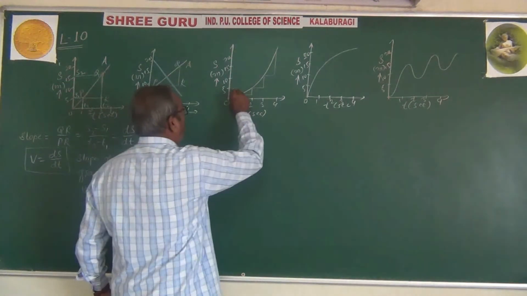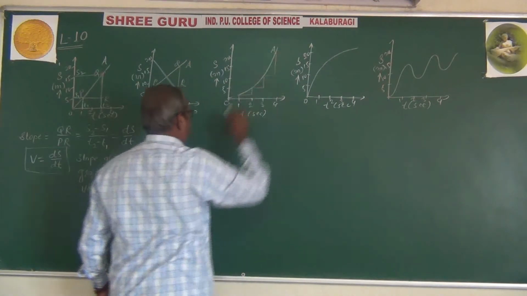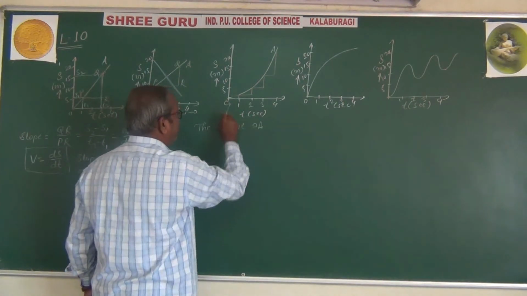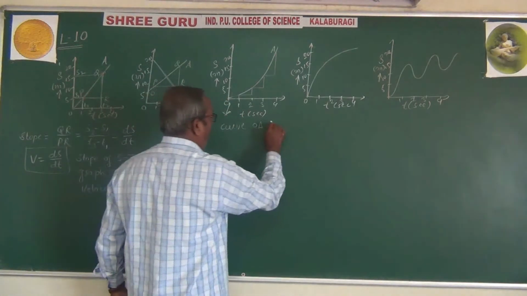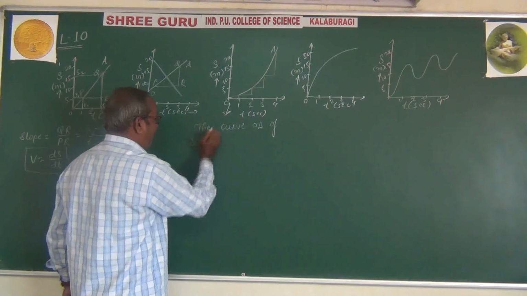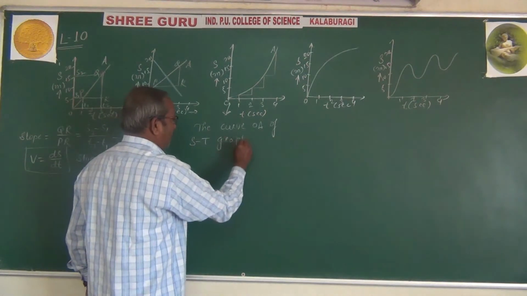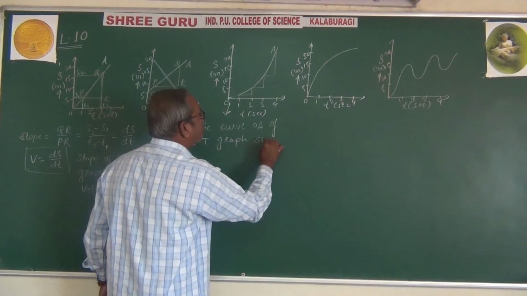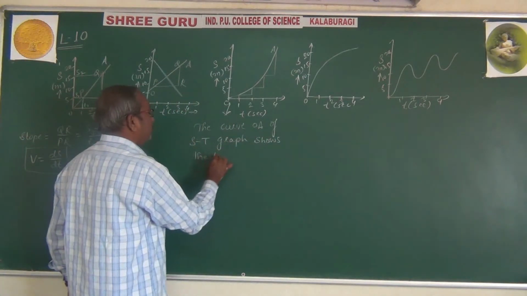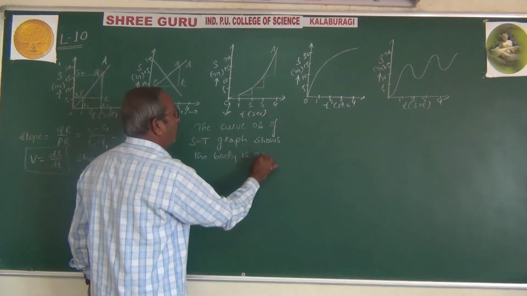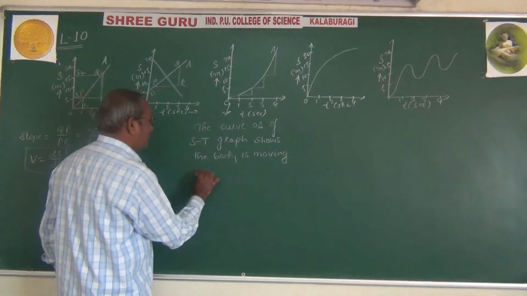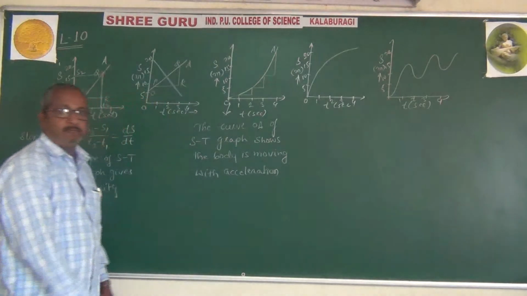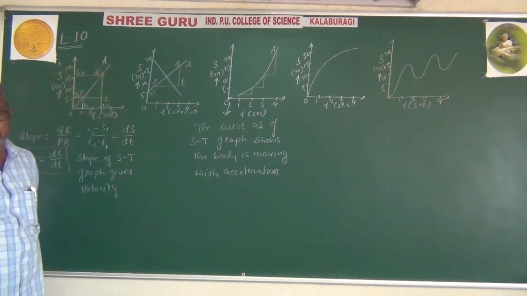Hence, the curve OA of the ST graph shows that the body is moving with acceleration, as the velocity goes on increasing.